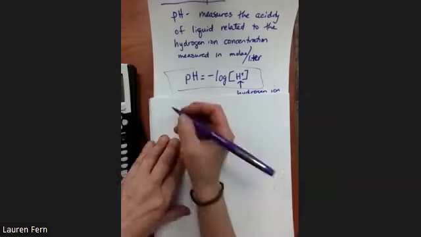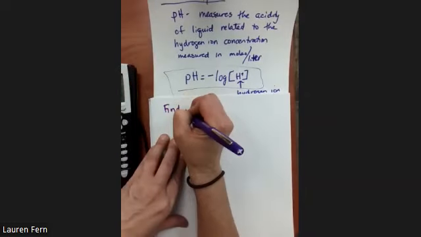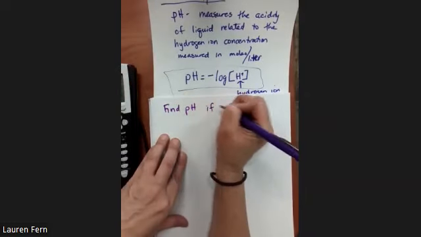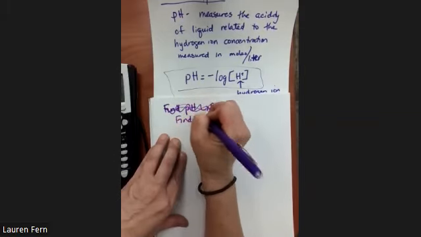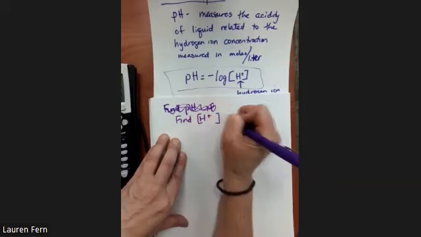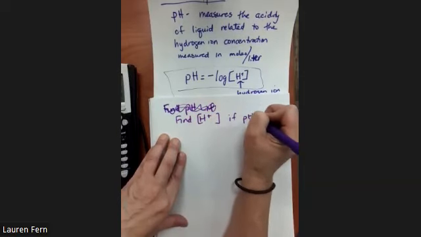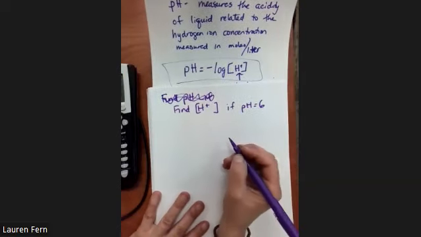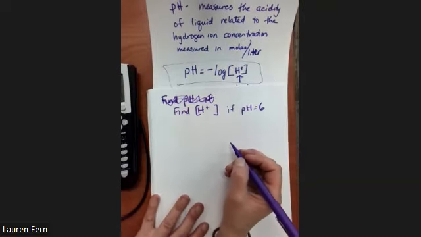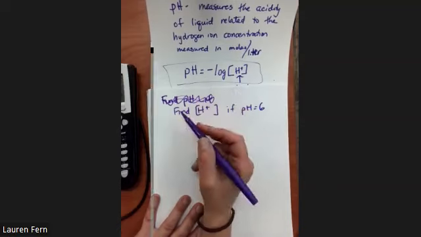So on the other hand, another question I could ask you is find the hydrogen ion concentration if we have a pH of 6. Well, I plug this info in here.